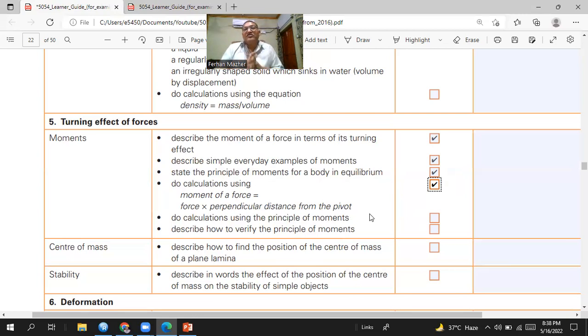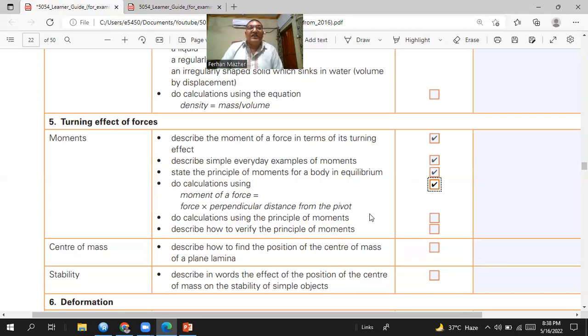This principle of moments is used in a lot of numericals which come in the Cambridge exam. You always use clockwise moment is equal to the anti-clockwise moment. A very famous question is that we have a rod, and in the center of the rod, we put a pivot, and on the left hand and the right hand, we put masses or weights or loads.